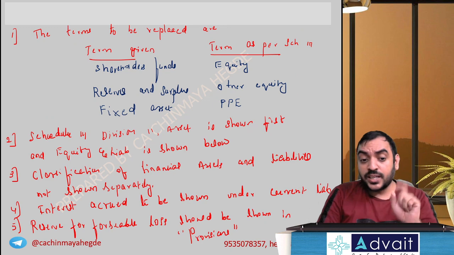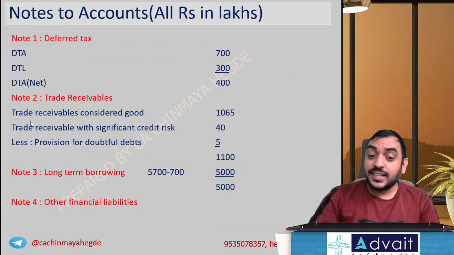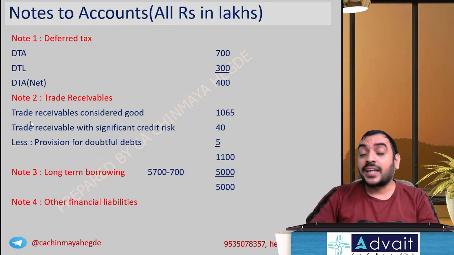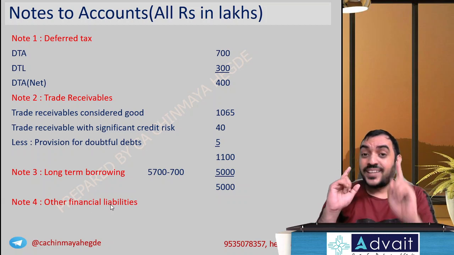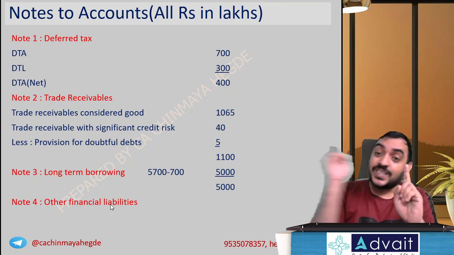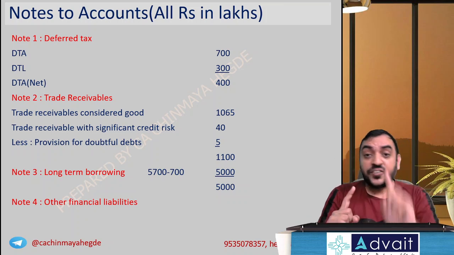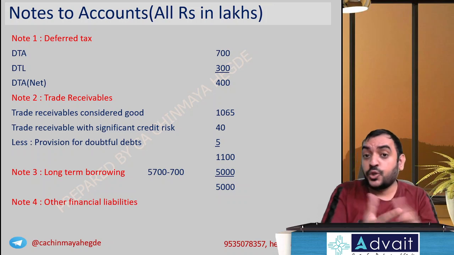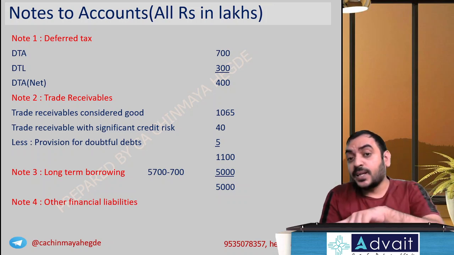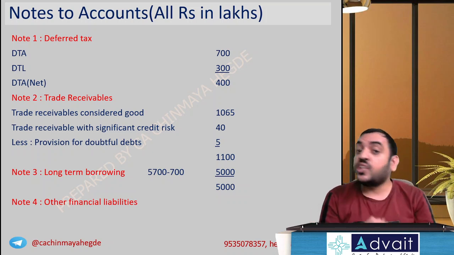But one more financial liability will come, that is interest on loan. That 700 what is subtracted from the long term borrowing, that is shown as part of other financial liabilities. Be very careful. What is other financial liability? What is other current liability? Other financial liability will include dividend payable and interest payable because obligation to pay cash. Other current liability means which are not financial in nature.